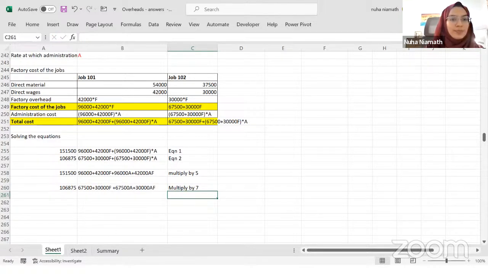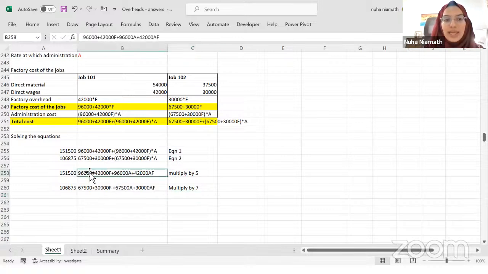So this way, we can knock off both F of the equations and AF of the equations. So if we try to remove these two, because we have multiple variables here. If you use a little logic, you can see that 42,000 and 30,000 we'll have to try to bring to the same amount so that when we minus the two equations, we can nullify both the amounts.